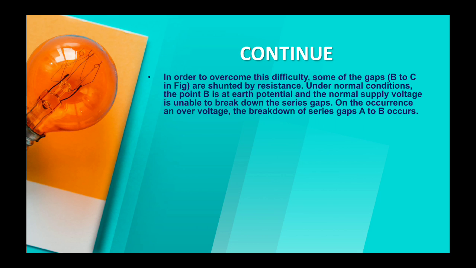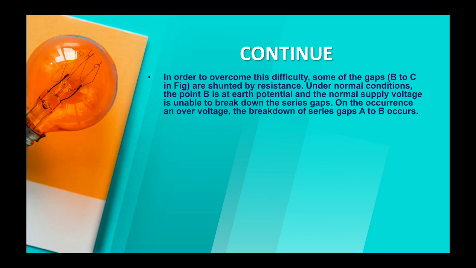In order to overcome this difficulty, some of the gaps, B to C in the figure, which we can see in the next slide, are shunted by resistance. Under normal conditions, the point B is at earth potential and the normal supply voltage is unable to break down the series gaps.